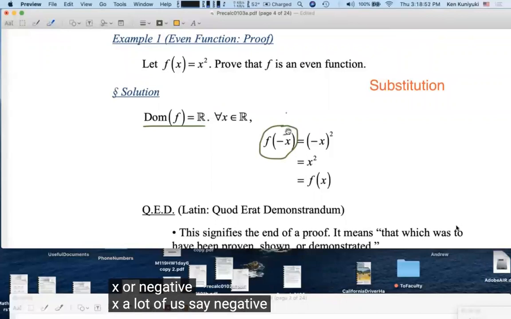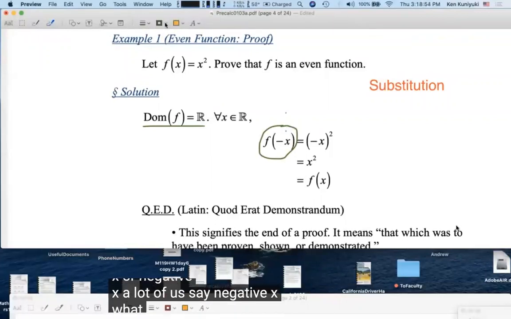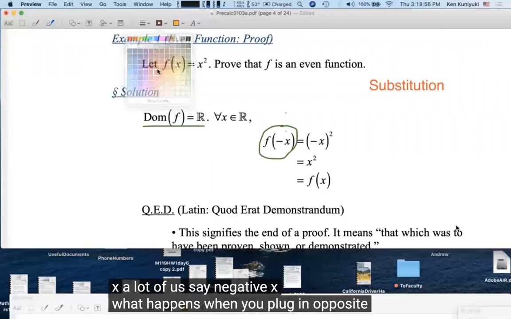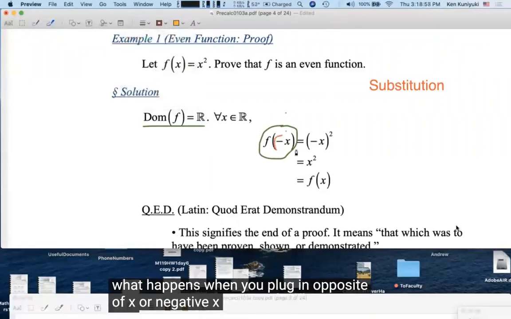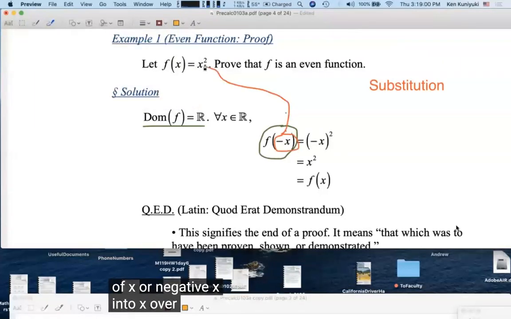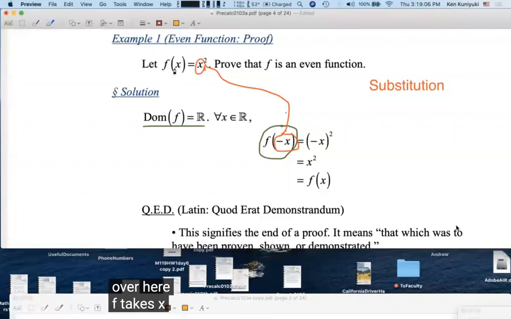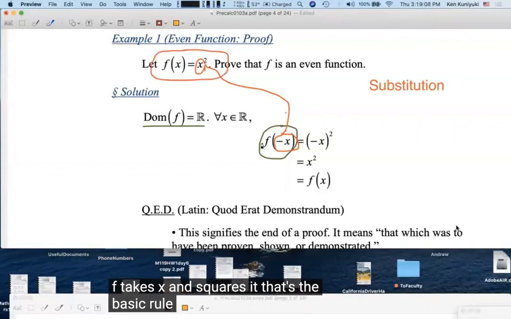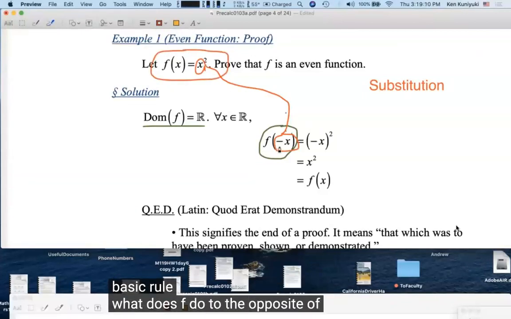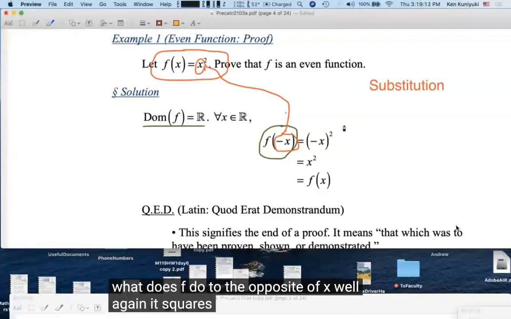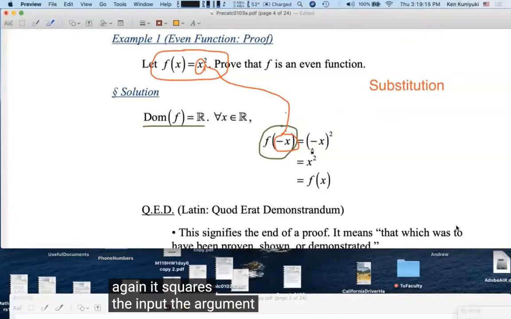A lot of us say negative x. What happens when you plug in opposite of x, or negative x, into x over here? You get the square of opposite of x. See, over here, f takes x and squares it. That's the basic rule. What does f do to the opposite of x? Well, again, it squares the input, the argument, the opposite of x.